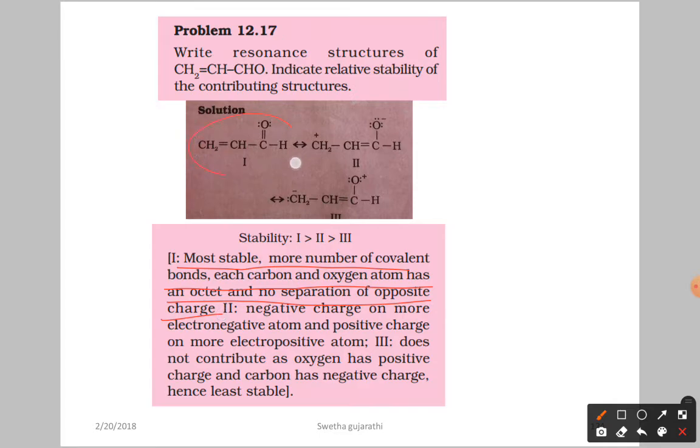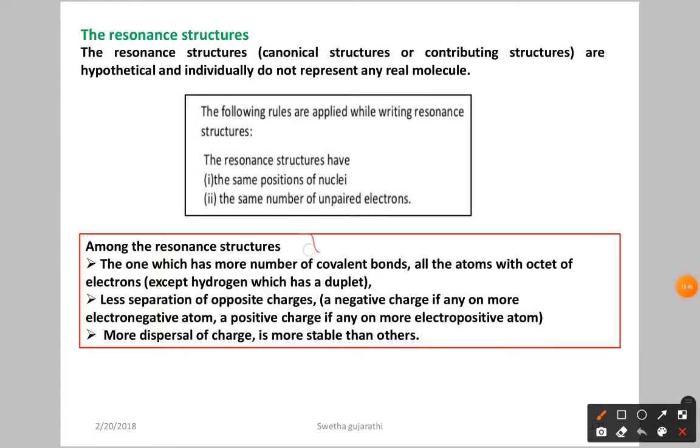Here we don't have charges and every atom has an octet except hydrogen. So these are the rules we just discussed. The one with more covalent bonds and all atoms with an octet of electrons, except hydrogen which has a doublet, is the most stable.